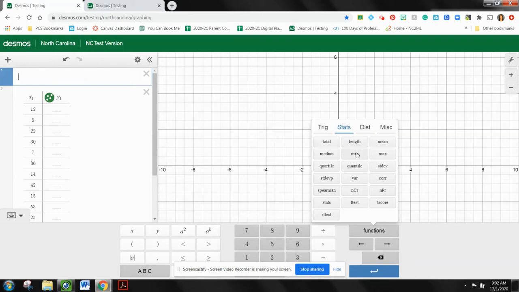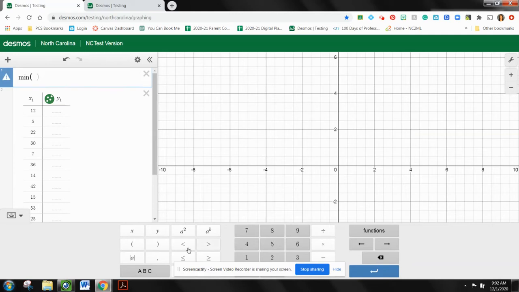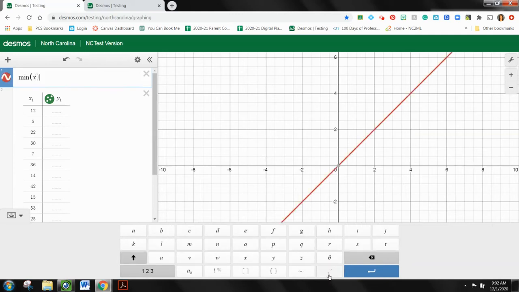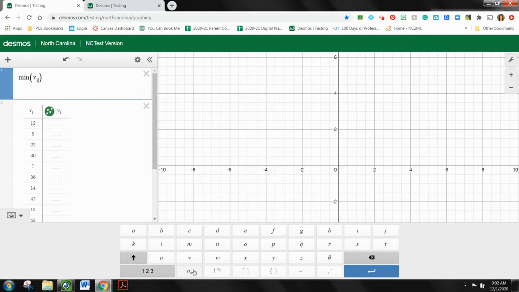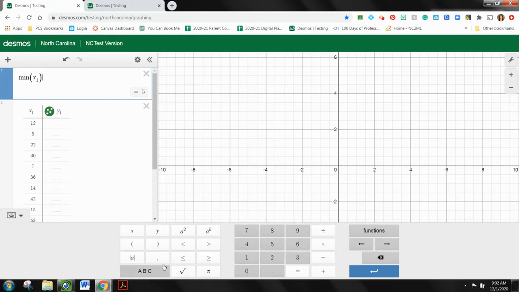So the first thing I'm going to do is find the minimum. And I need to tell Desmos that I want the minimum of my x1 value. And because I'm going to have to use this x1 a lot, you can see I just highlighted it. I'm going to copy and paste just to make my life easier.